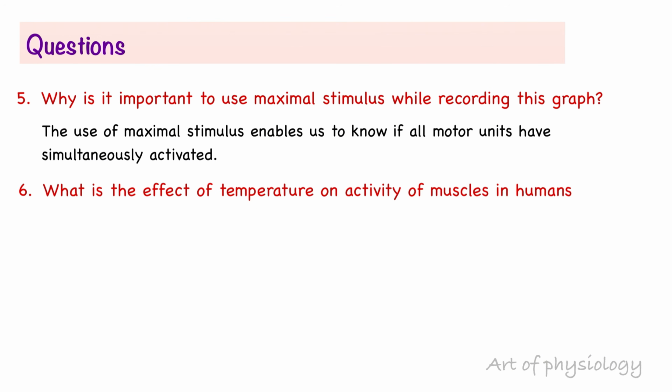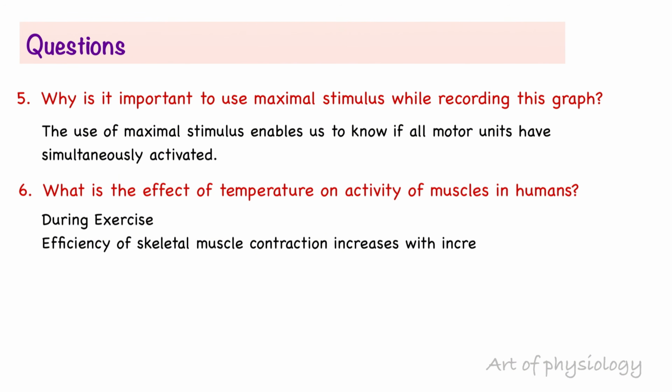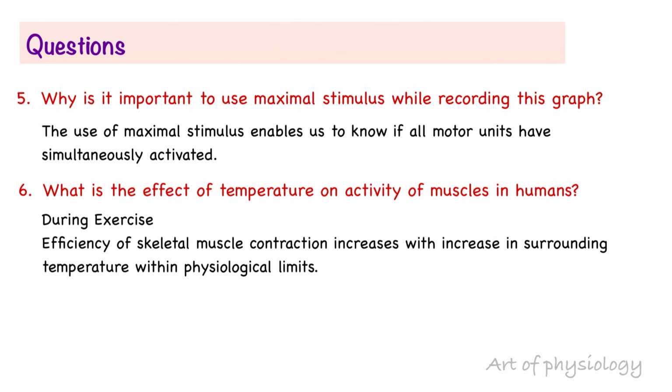What is the effect of temperature on the activity of muscle in humans? There comes the importance of the experiment. In humans, during exercise and so on, this comes into action. The efficiency of skeletal muscle contraction during exercise is increasing because metabolic activity is increasing, so the temperature will be more, and the efficiency of skeletal muscle contraction will also be more.